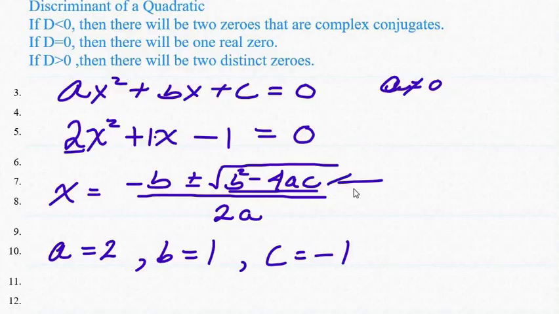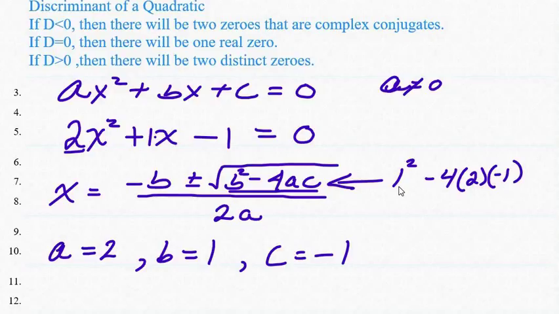If we looked at our discriminant, we have b squared, which is 1 squared, minus 4 times a, which is 2, times c, which is negative 1.